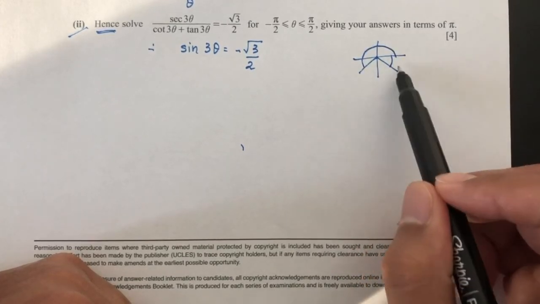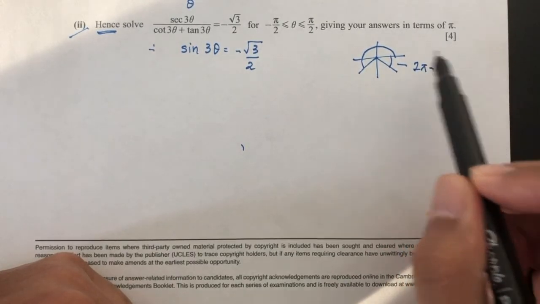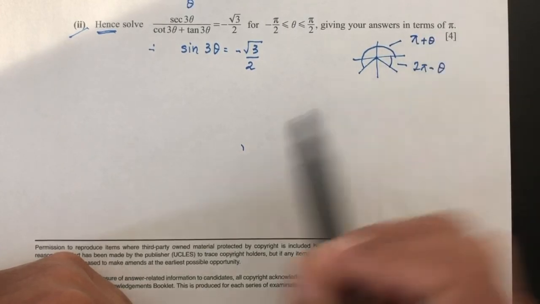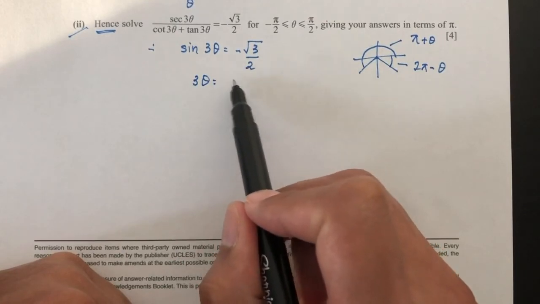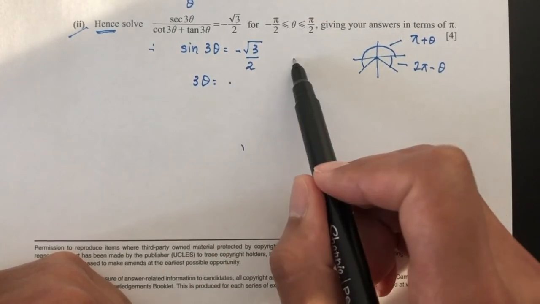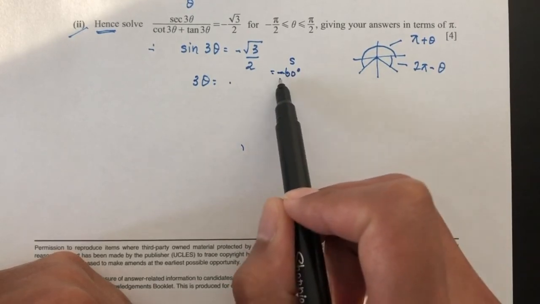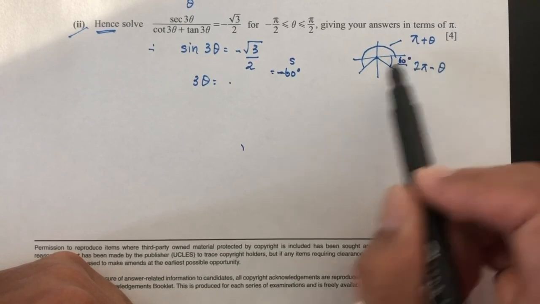Usually we do 2 pi minus this, and in the other one it will be pi plus this. When you do sine inverse of that, you will have minus 60. Minus 60 is just the direction; the angle here will be 60.